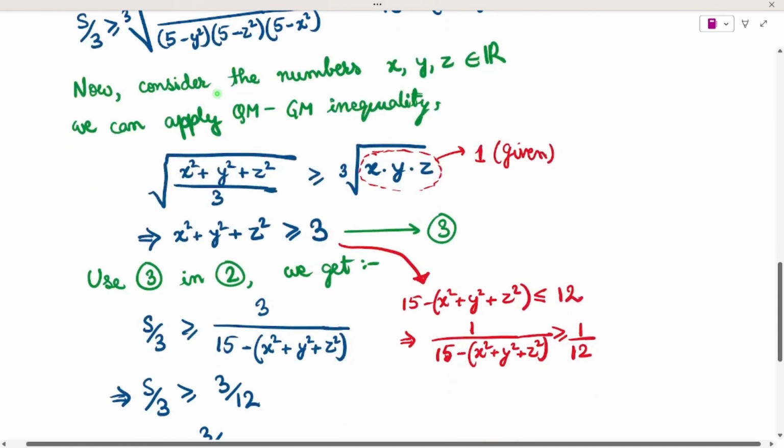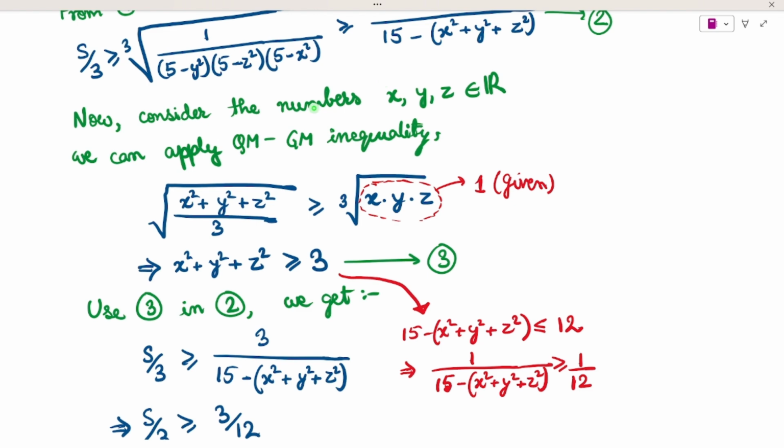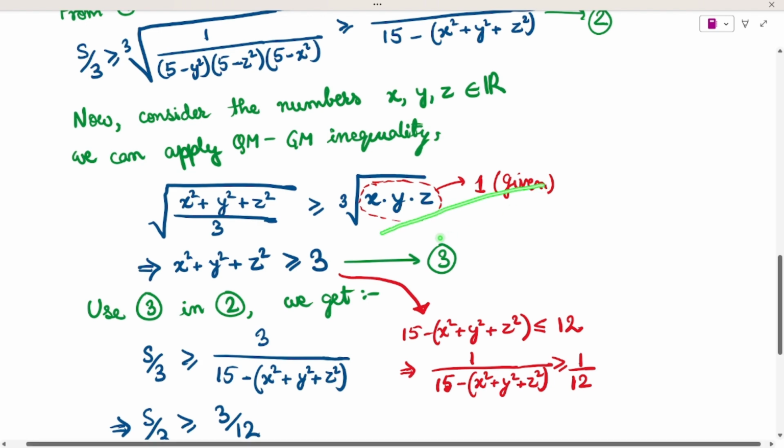Now let us consider the numbers x, y, z, which are already given in the question to be positive real numbers. Then we can say that for these three positive real numbers, we can obviously apply the quadratic mean and geometric mean inequality, which is the root over (x square plus y square plus z square) by 3 greater than or equal to the cube root of xyz. Now, again, it is already mentioned in the question that xyz is equal to 1, right?